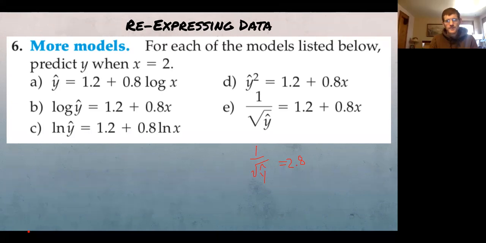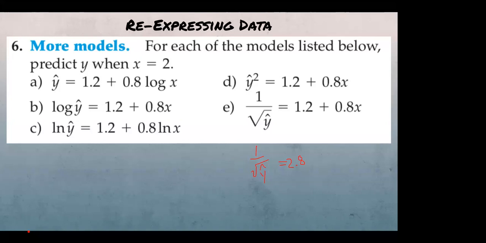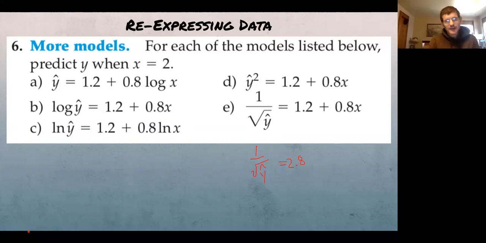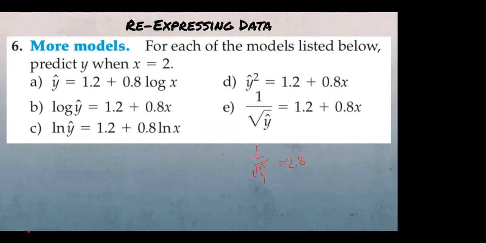Any thoughts on first steps here? Multiply both sides by the square root of y hat, and then it'd be 1 over 2.8 is equal to the square root of y hat. Well, I like that thought. The problem with that is we're still going to have a square root of y hat.